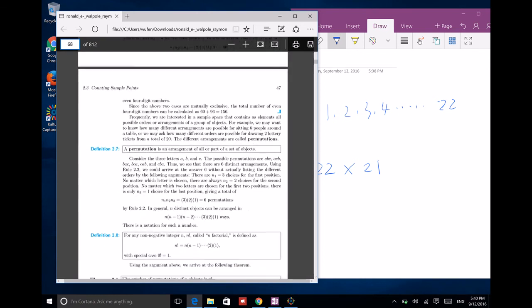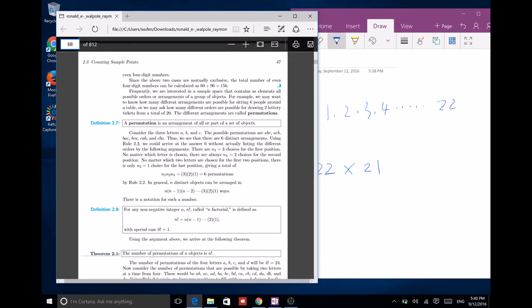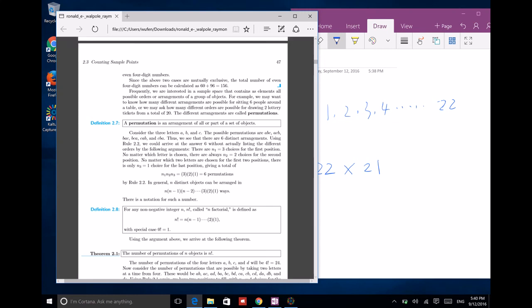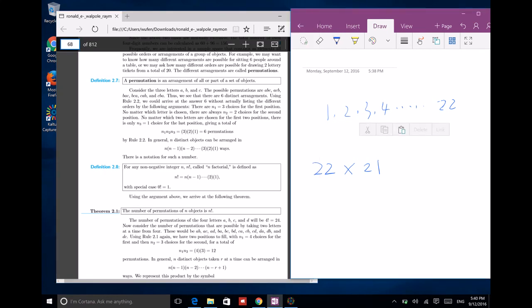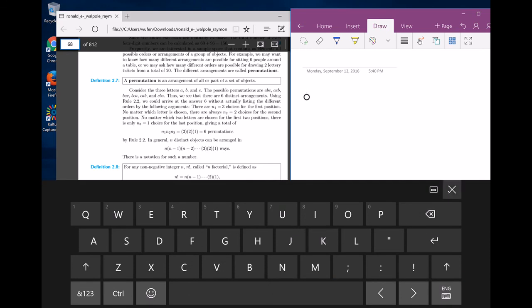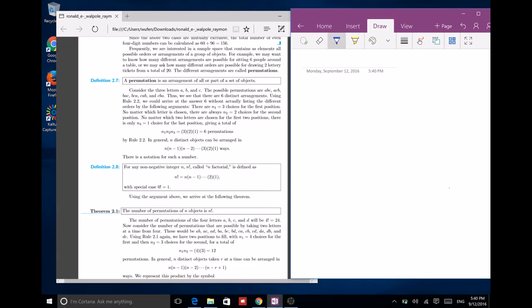Okay. So a permutation is an arrangement of all or part of a set of objects. I would also like to introduce a definition called factorial. n factorial equals n times n minus 1 times n minus 2, and continue.